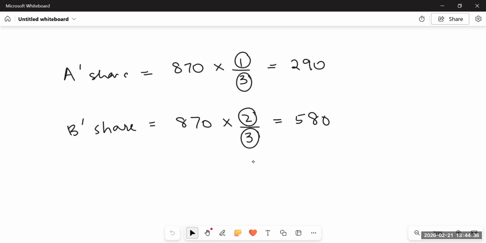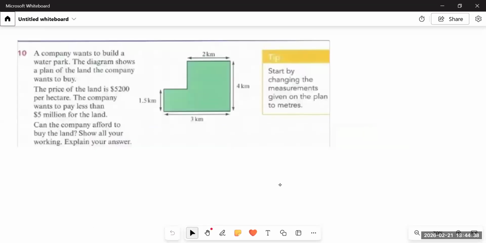Okay. Now, let's get to the last question, question number 10. In this question, what are we supposed to do? It says, a company wants to build a water park. The diagram shows a plan of the land the company wants to buy. It's a composite figure. It's not a square nor a rectangle, but a composite figure of two rectangles. So basically, if we draw a line over here, it will be divided into two rectangles, right?